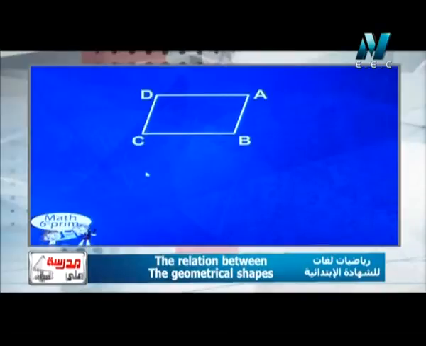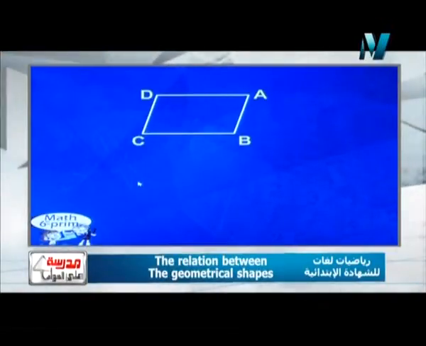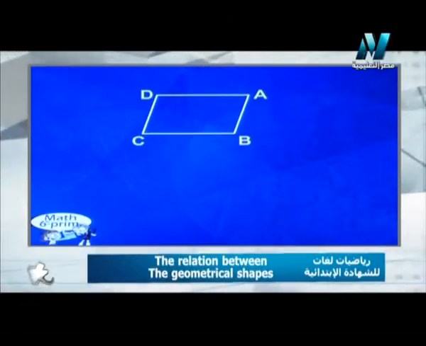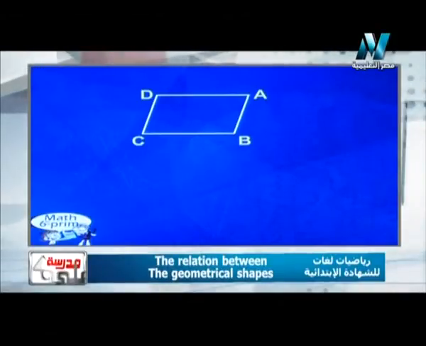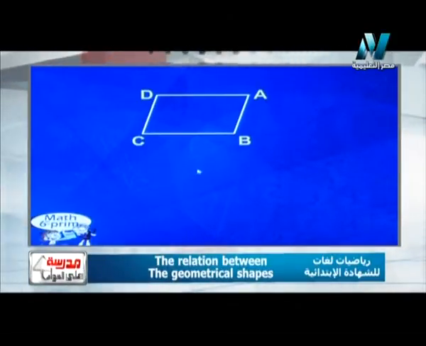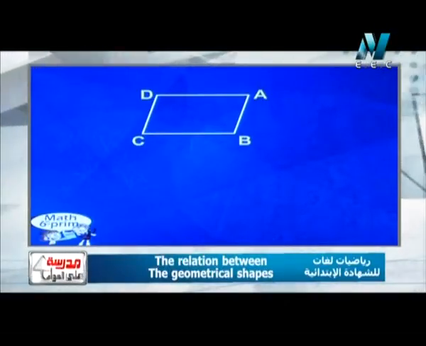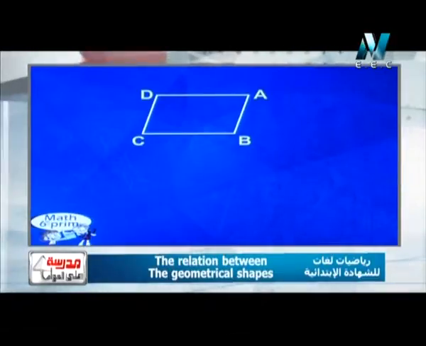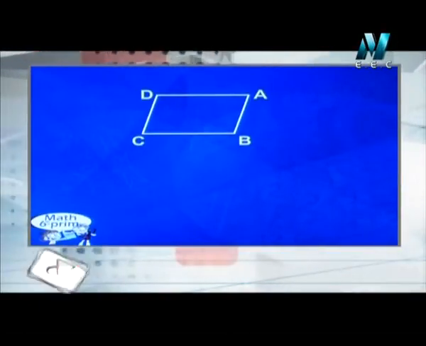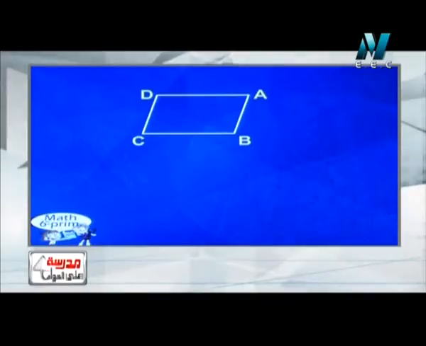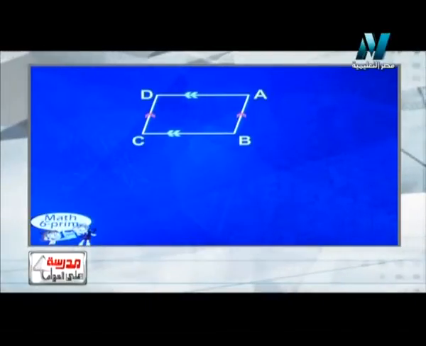We call this shape by what? By a quadrilateral. A quadrilateral, if each 2 opposite sides are parallel, we get what? We get a parallelogram. It's a very important point. A definition of what? Of a parallelogram. What is a parallelogram? Yes, a parallelogram is a quadrilateral in which each 2 opposite sides are parallel.